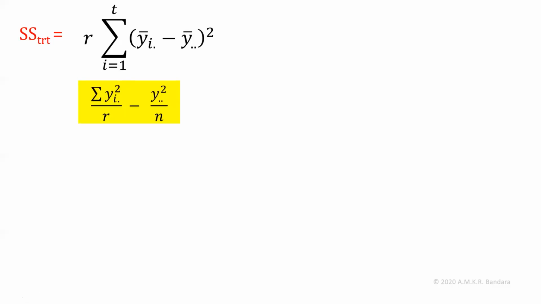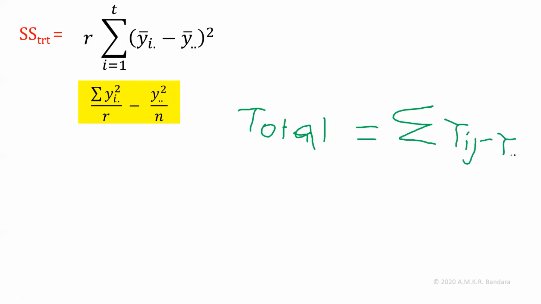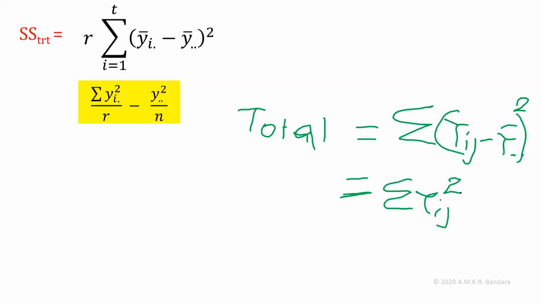As a shortcut, you can remember the total sums of square, which we calculate as the summation of yij minus y dot dot bar, squared. We write this as a shortcut: the summation of yij squared minus y dot dot squared divided by n.